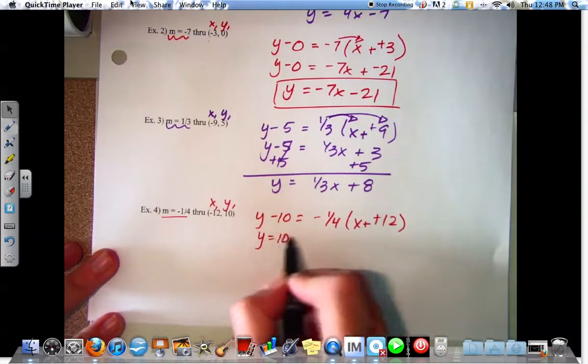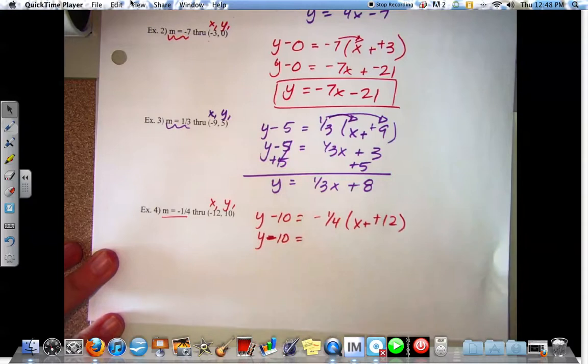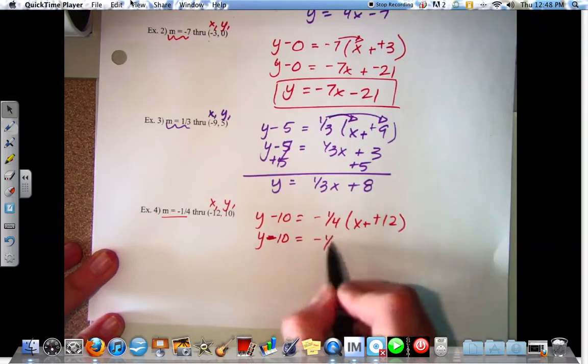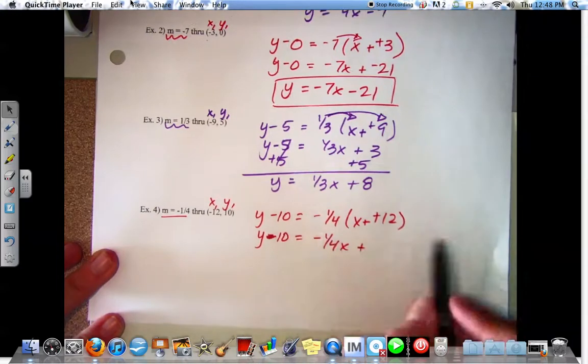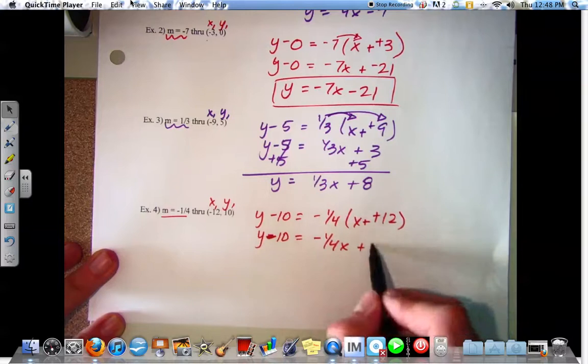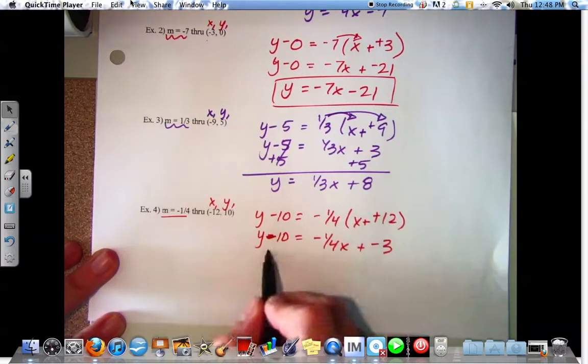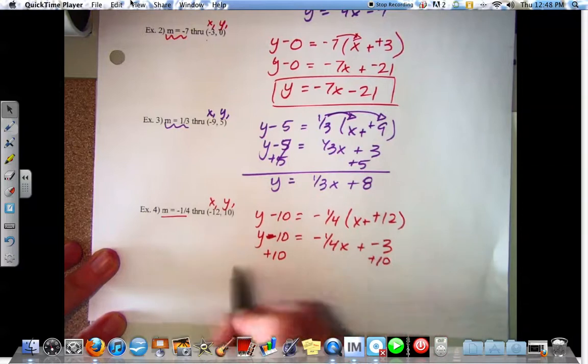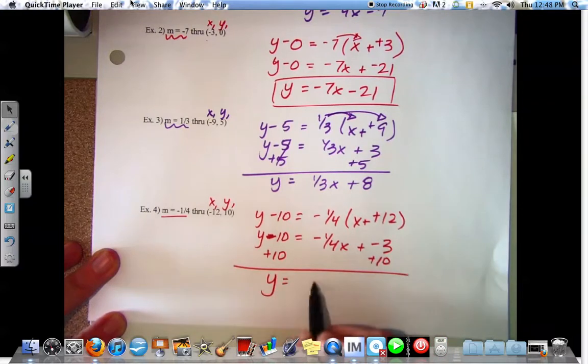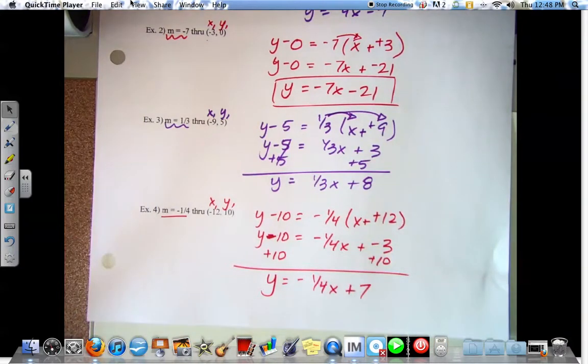Y minus 10 equals negative 1/4 x plus, oh wait, negative 3. Now what? Add 10. Y equals negative 1/4 x plus 7.